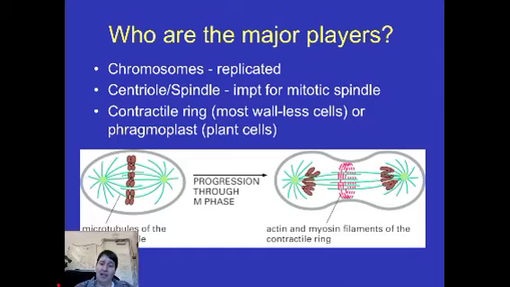And what's interesting about that is it's actually the Golgi that is going to start spitting out membrane, and the membrane-bound vesicles that are spit out from the Golgi create a plant cell wall. I'm sorry, not a cell wall, but a cell membrane between the two daughter cells. All right, so we're going to talk about each of these in turn.